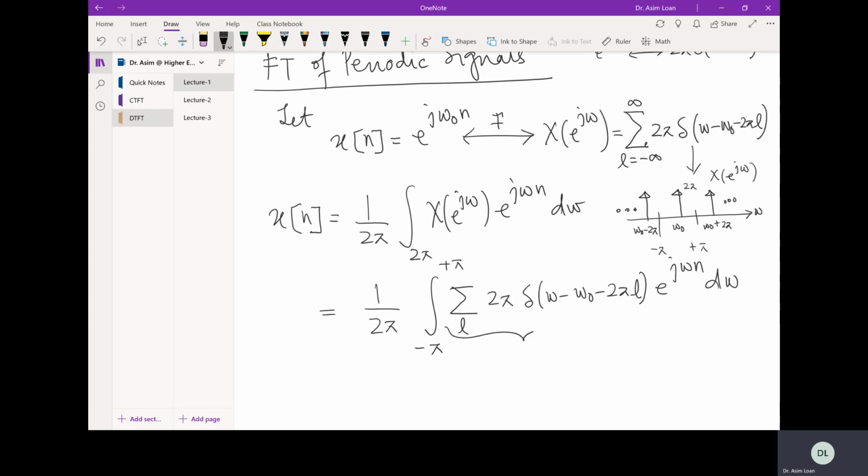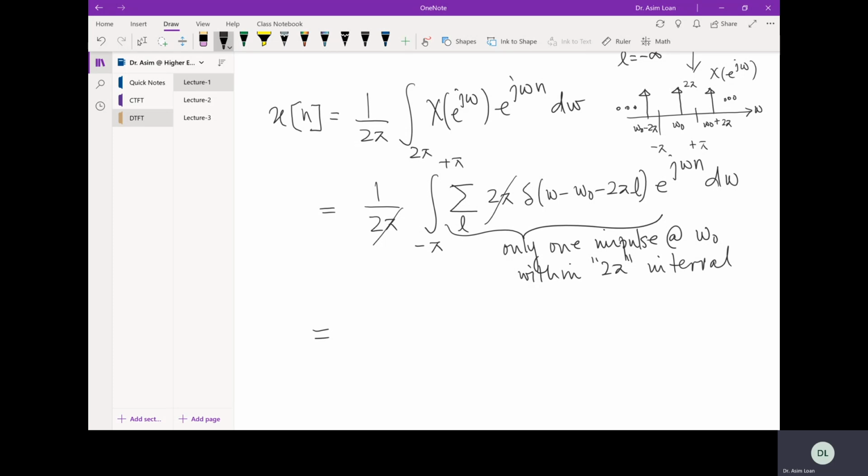There is only one impulse, at omega naught, within the 2 pi interval. So this 2 pi cancels, by the way, with this 2 pi.